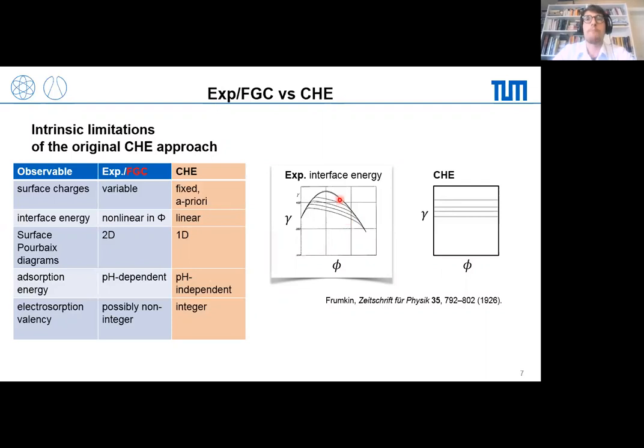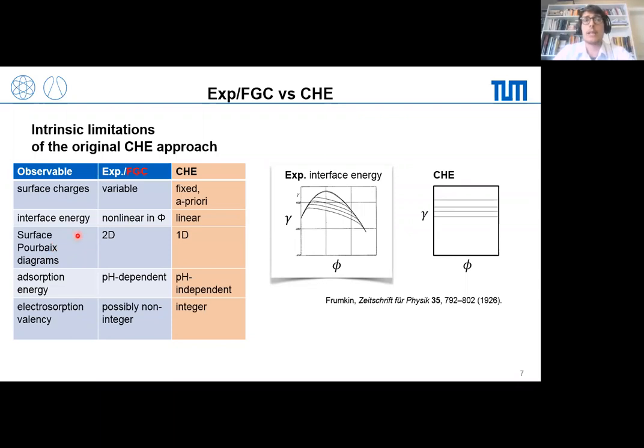If you would simulate the system within the computational hydrogen electrode approach, you would get interface energies that don't depend on the potential. They are just these horizontal lines. In general they are linear in the CHE approach, while being nonlinear normally in experiment.